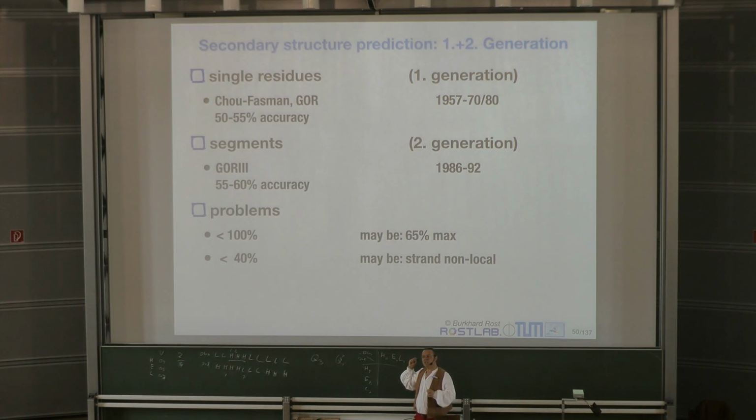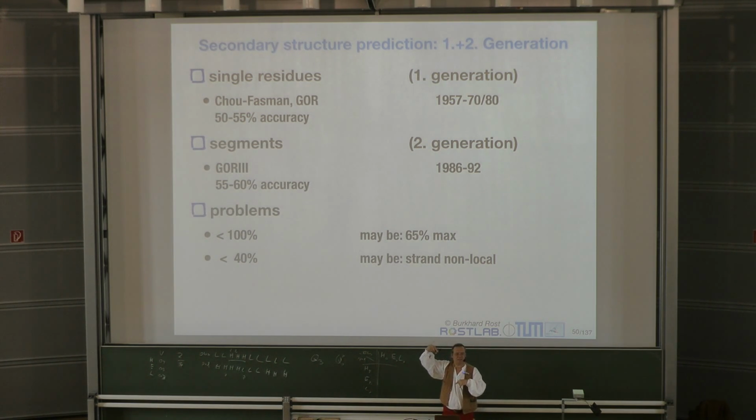Now, there's another observation in the second generation methods, which is that strand is predicted at levels below 40%. So in a three-state system, 33 is sort of random. That means the accuracy of predicting strand is very close to random. And this fits very well with the explanation before, because strand is less local.